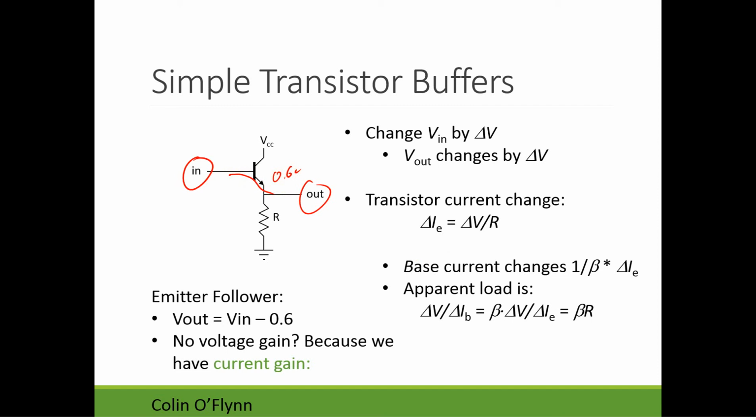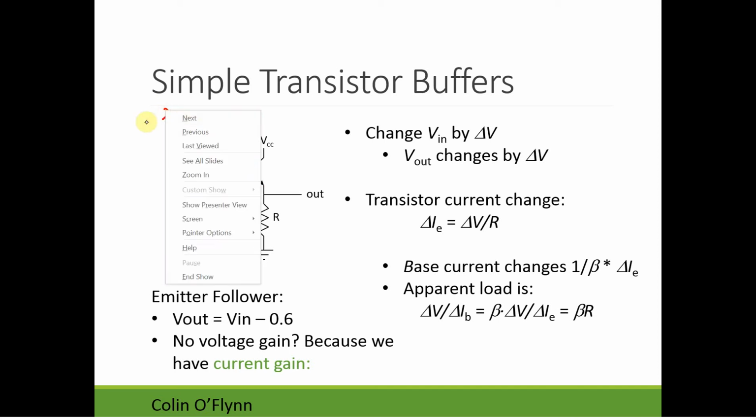You can see this because if the input voltage changes by delta V, say from 2.0 to 2.6 volts, the output is also going to change by that same amount, but again there was this initial offset of around 0.6.